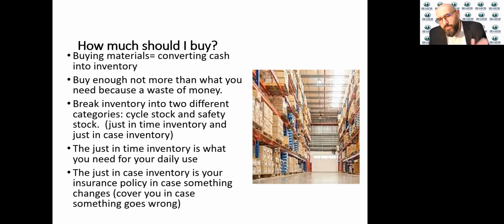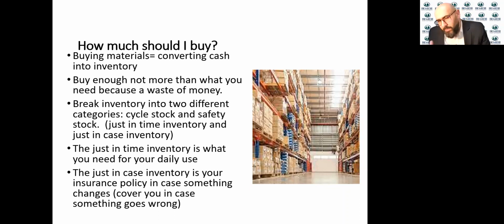That reminds me of when we have to order, or if we need to break inventory into two categories. One is the cycle stock and the safety stock, which are the technical terms.